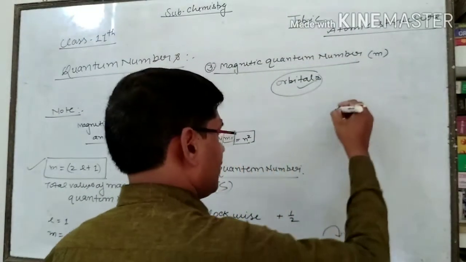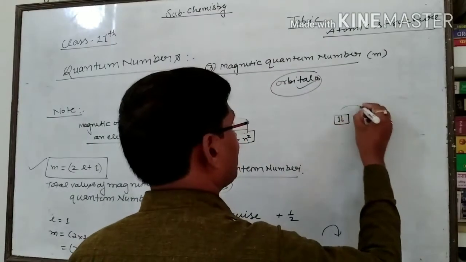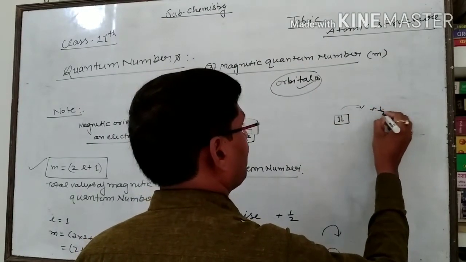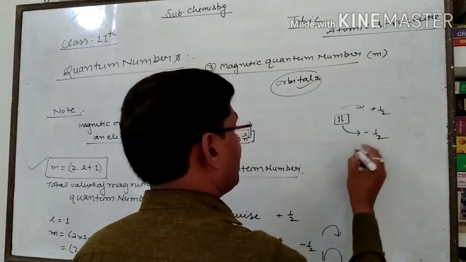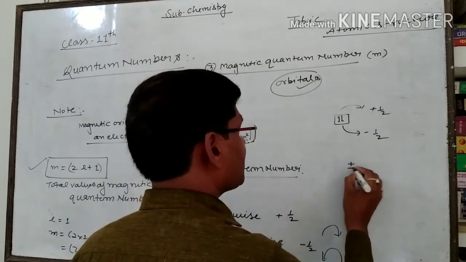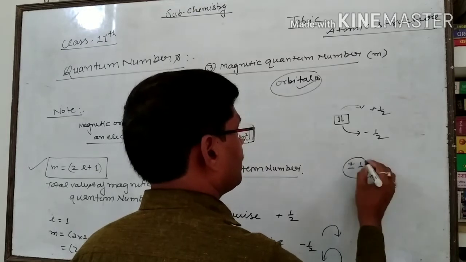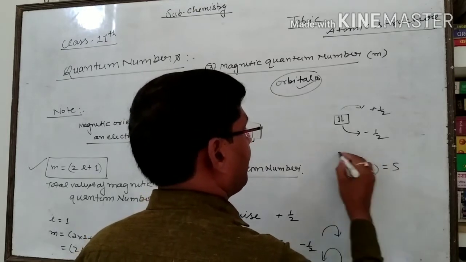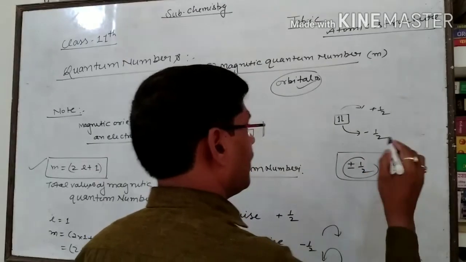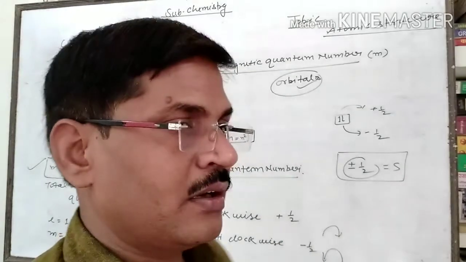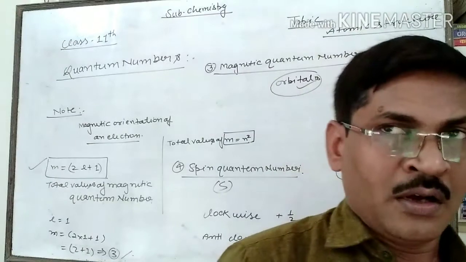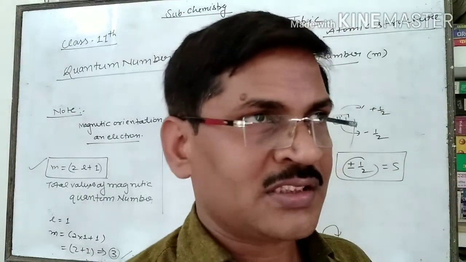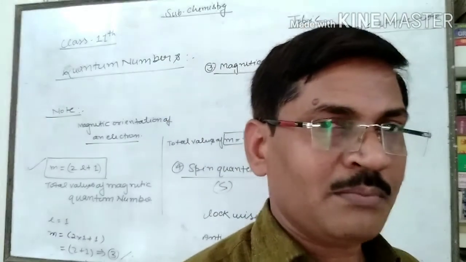So that one is upward, it means for this plus half, and downward for this having minus half, and for both plus minus half. In this way, all the four quantum numbers are completed now. After that, I have to discuss the numerical problem based on this.